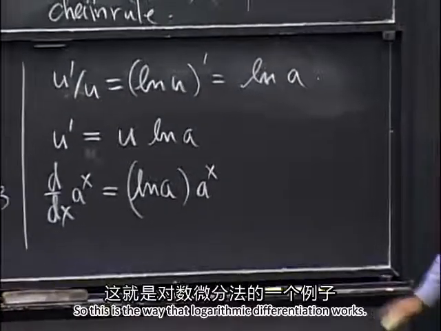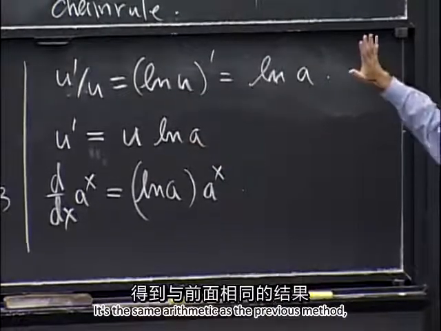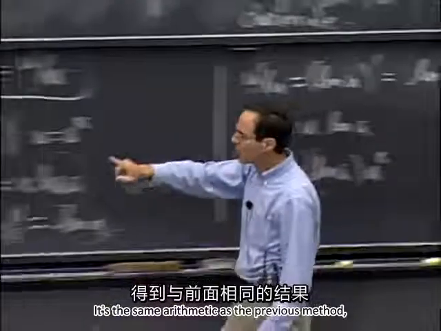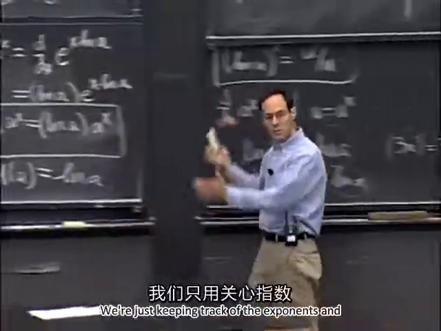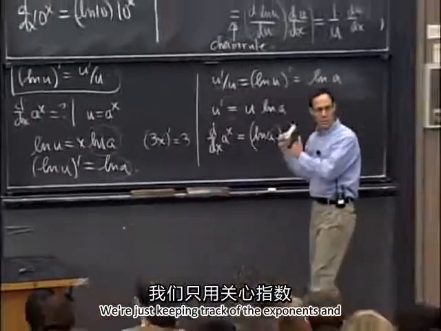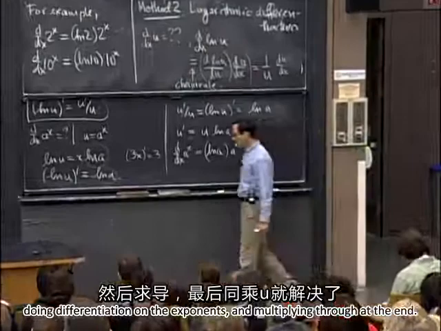All right? So this is the way that logarithmic differentiation works. It's the same arithmetic as the previous method, but we don't have to convert to base e. We're just keeping track of the exponents and doing the differentiation on the exponents and multiplying through at the end.